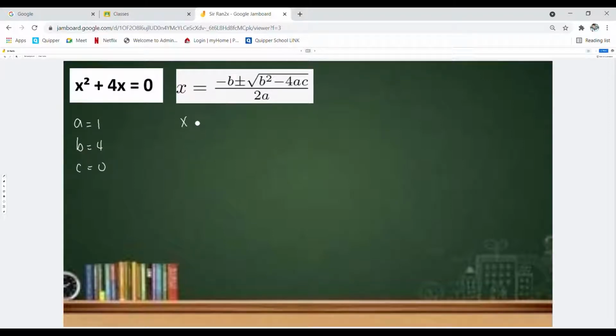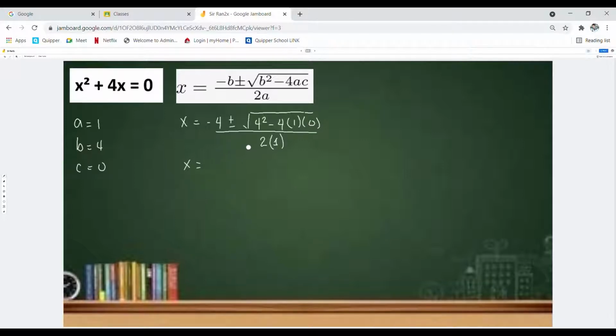So x equals negative b, so that's negative 4, plus minus the square root of b squared, so you have 4 squared, minus 4 times a, which is 1, times c, which is 0, all over 2a, which is 2 times 1. A is 1.